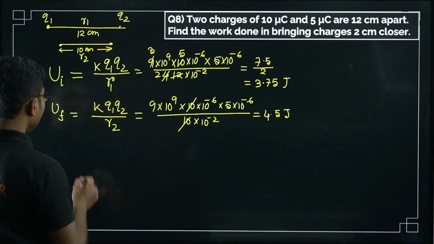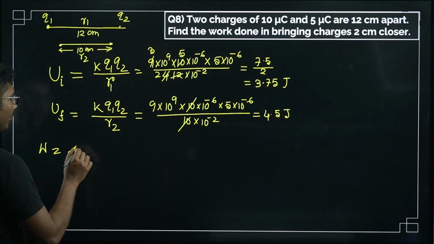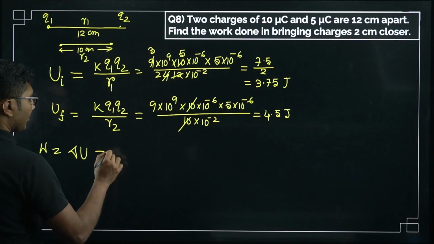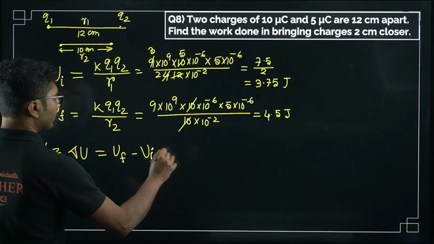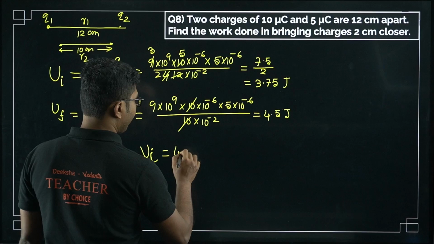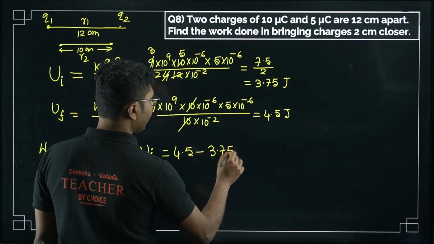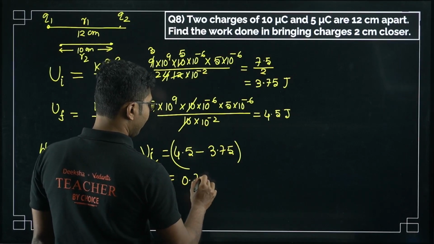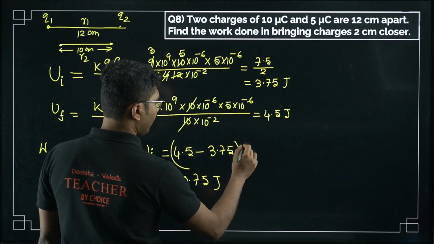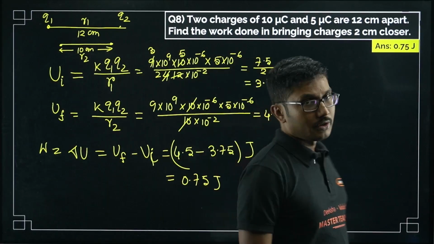So what is the work done? Work done is basically change in the potential energy. So UF minus UI. So that is 4.5 minus 3.75, it will be 0.75 joules. Okay, so answer is 0.75 joules.